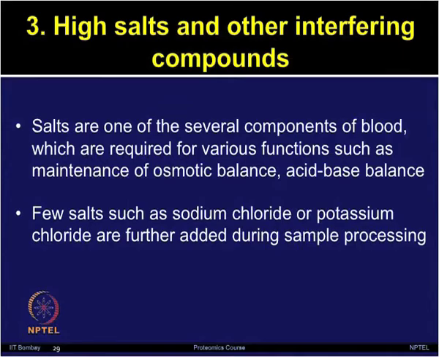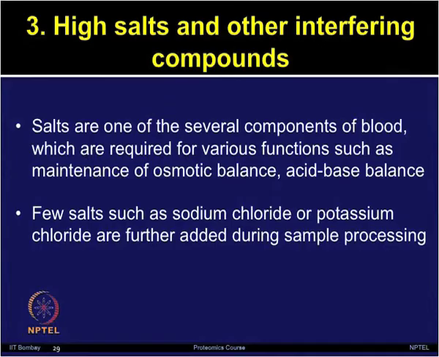Now, salts are present in the blood, which are required for various functions, such as the maintenance of osmotic balance, acid base balance, etc. A few salts such as sodium chloride or potassium chloride are also added when you are processing the serum sample.